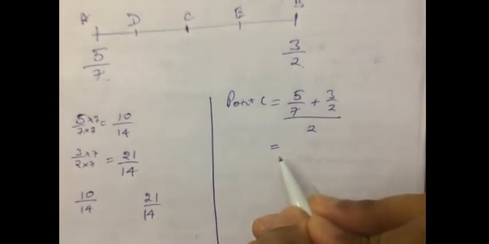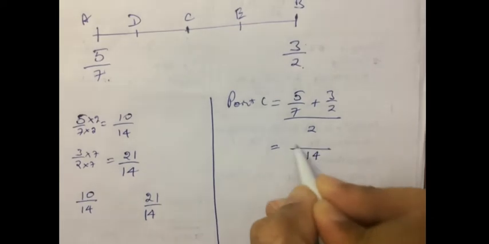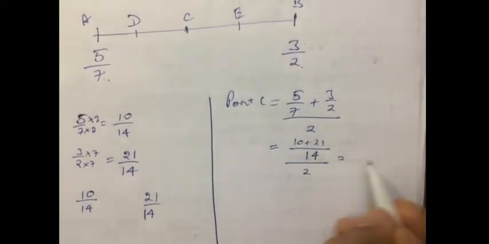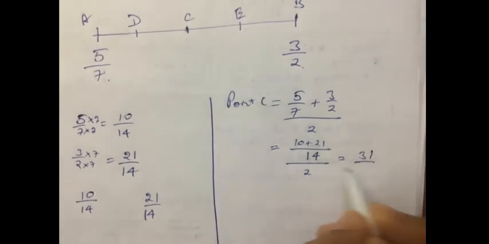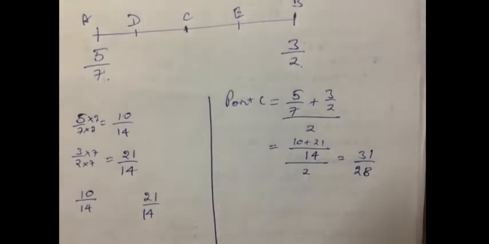And the answer will be, 14 is the LCM, 10 plus 21 upon 2. The answer will be 31 upon 14 into 2 gives 28. The C will be 31 upon 28. We can write it over here.